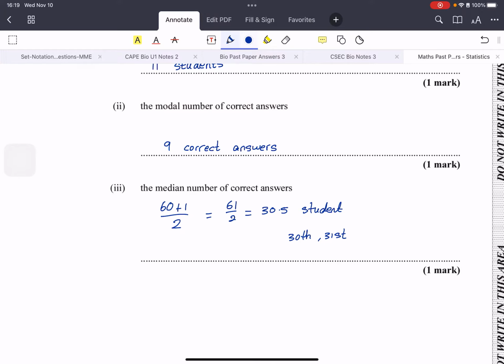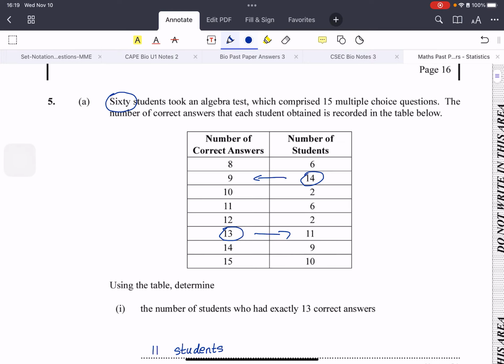Okay, now it's a simple way to find this. These are the first 6 students. These are the next 14 students. So far we have 20 students there. Okay, they got 8 and 9, right? So 20 students got 9 or less in the question. 2 people got 10, so that's 22 in total. 6 people got 11, so we add 28, and then 2 people got 12.